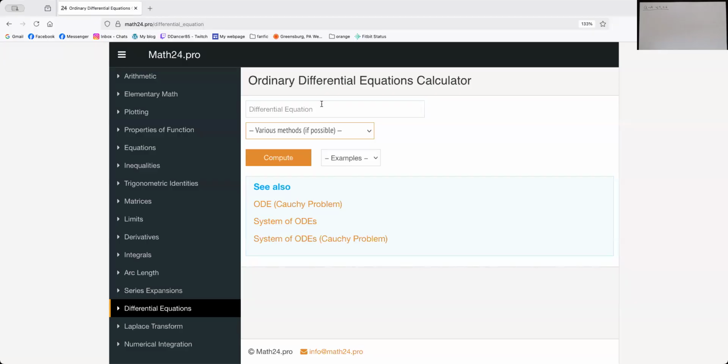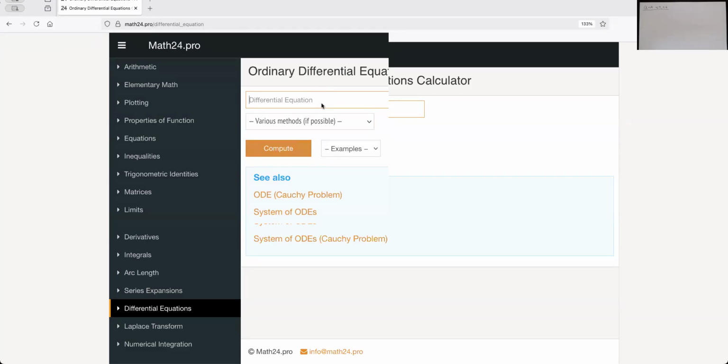Let's see. What was that ugly problem we did at the end of class yesterday? So we had y double prime plus 3y prime plus 2y equals 1 over (1 plus e to the x).